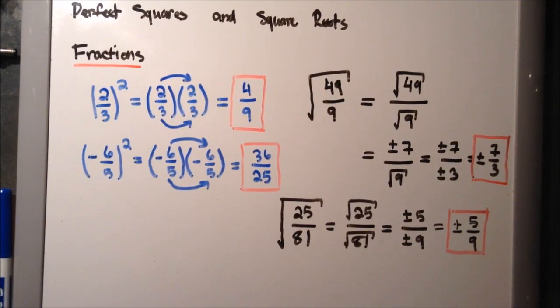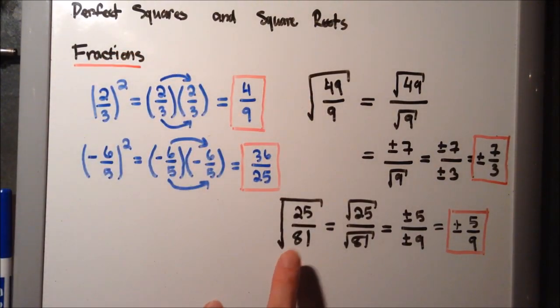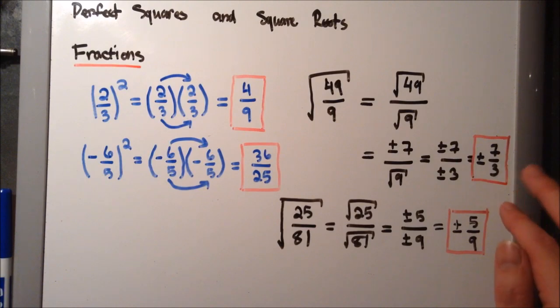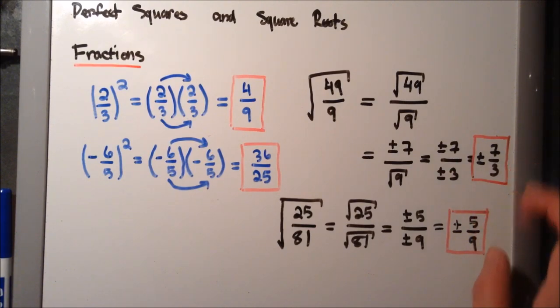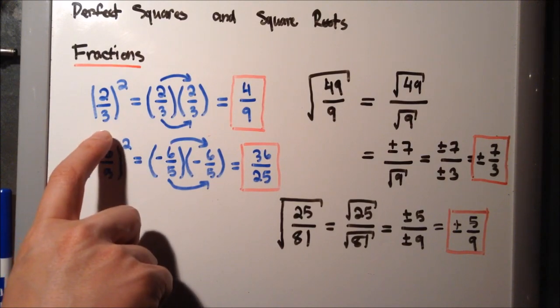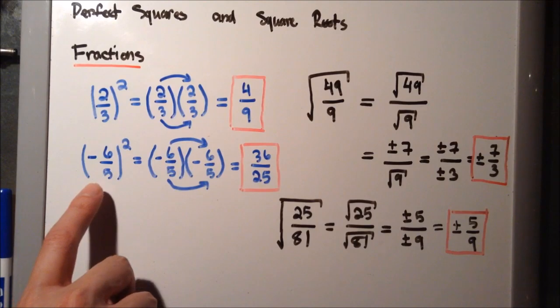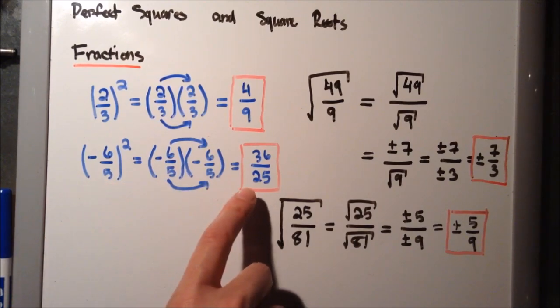Now, again, since these two fractions were positive inside the square root, our answer is going to be positive negative fractions. But over here, when you're doing the square of a positive fraction, the answer is a positive fraction. When you're doing the square of a negative fraction, then the answer is also a positive fraction.